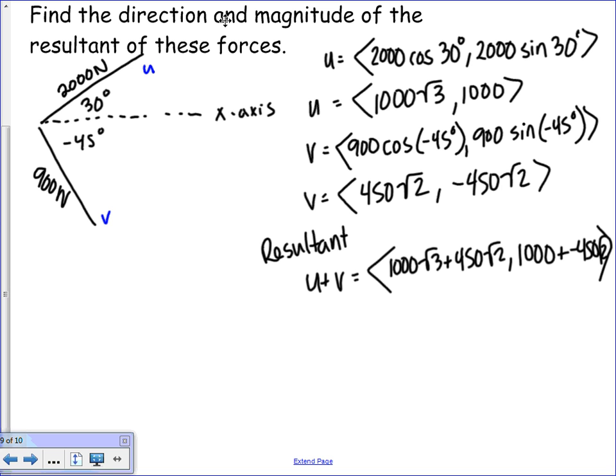Okay, that would be most easy for us to work with. So I get the resultant vector to be 2,368.45 and 363.60. I'm going to type those in.